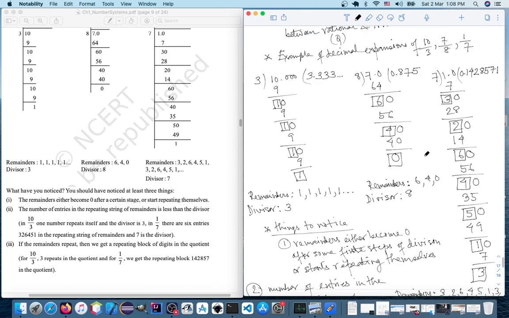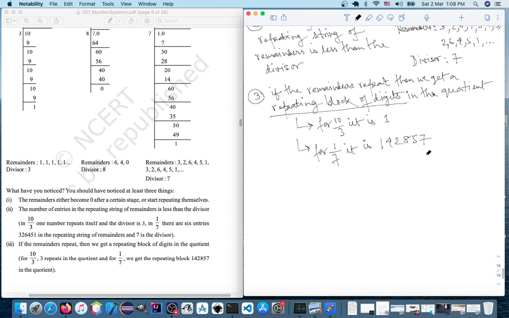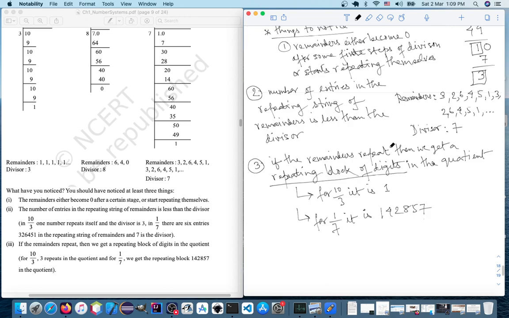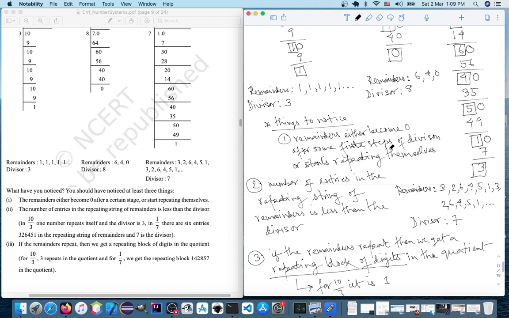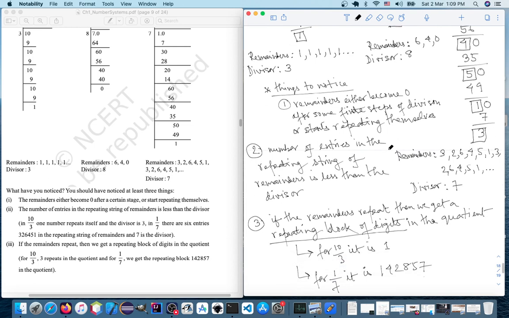For 10 by 3, the repeating block of digits in the quotient after the decimal point is this, and for 1 by 7, it is this. So when we find the decimal expansion of rational numbers, we find these 3 important points.